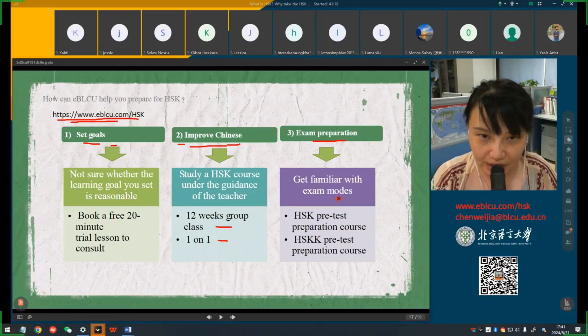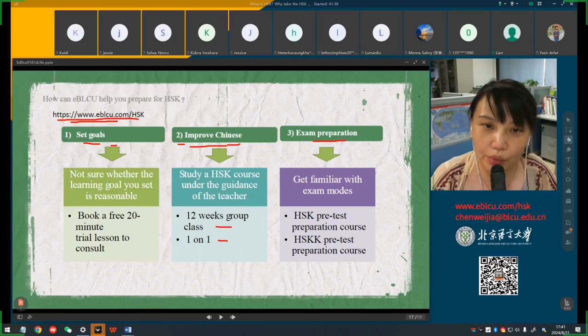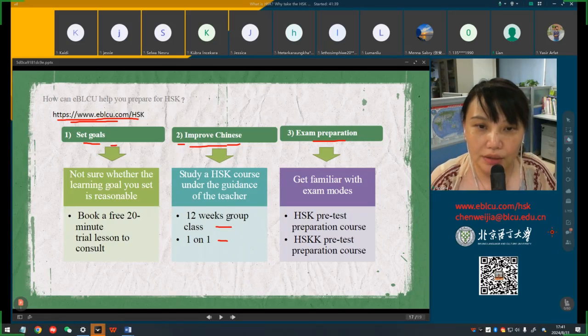Also, for the oral speaking test, they have mock exams or test papers that you can do by yourself, and you can record your answers for oral speaking and check if your level meets the requirements of that level. You can do it by yourself, just preparing 1 or 2 months before the exam date. The goal for this part is just to get familiar with the test formats.